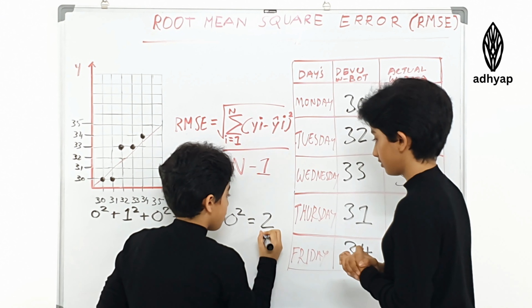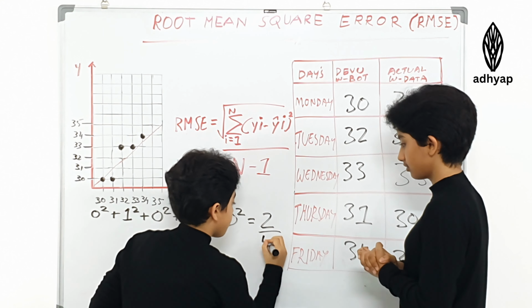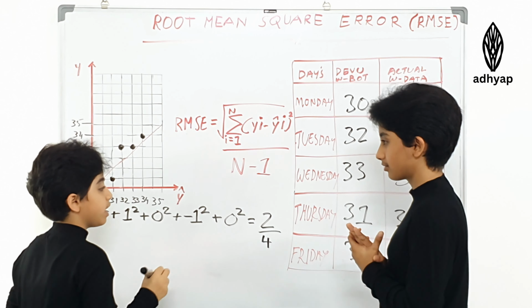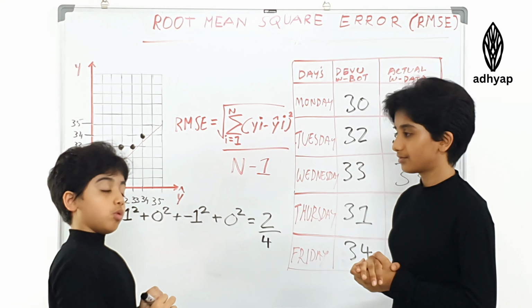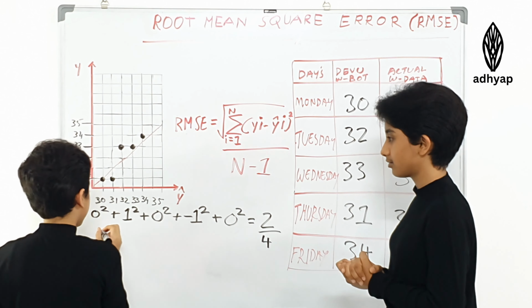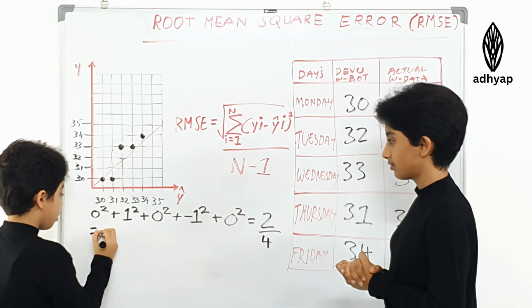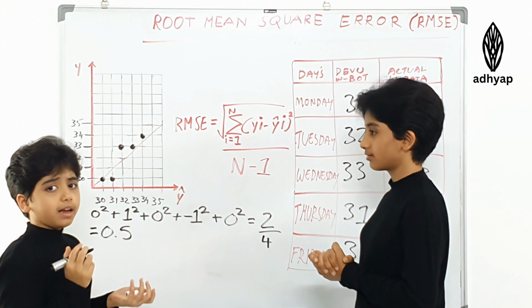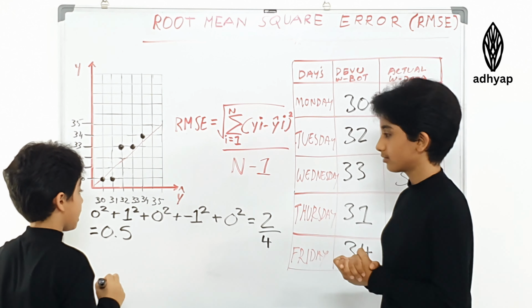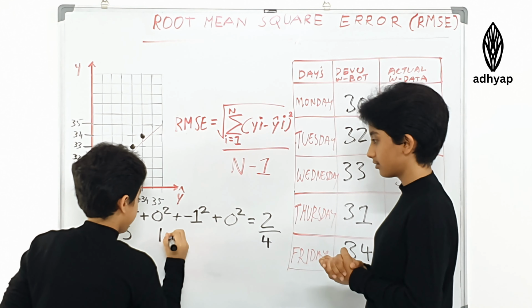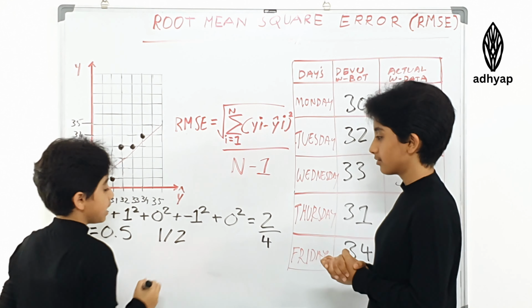So it will be more like 2 by 4 then, since we have 5 values subtracted 1, it's 4. So now what we need to do, we need to divide 2 by 4. And that will result us with a value of 0.5. And if we were to represent that as a fraction, it's going to be considered as 1 by 2.